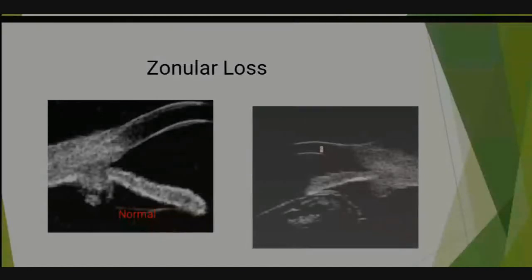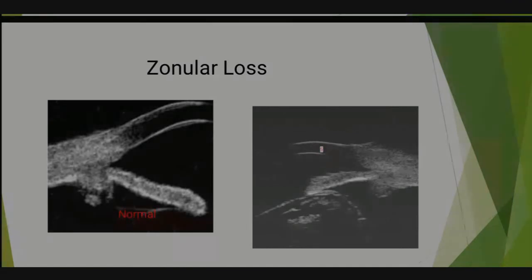Based on the zonular structures, we can tell how the lens is subluxated. When the zonules are not there in the nasal clock hours, we can easily tell that the lens is subluxated temporally. Clear? Any doubt in this? Clear, Madhu. We will check the zonular integrity in all clock hours.